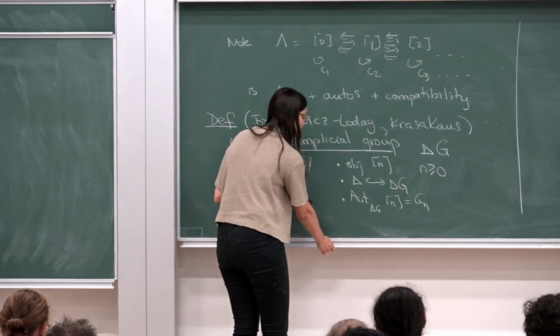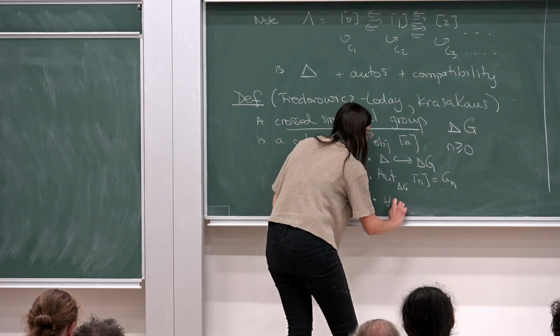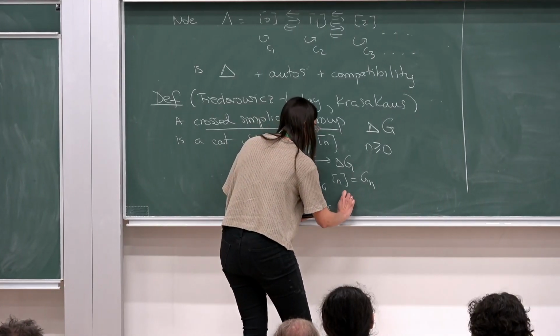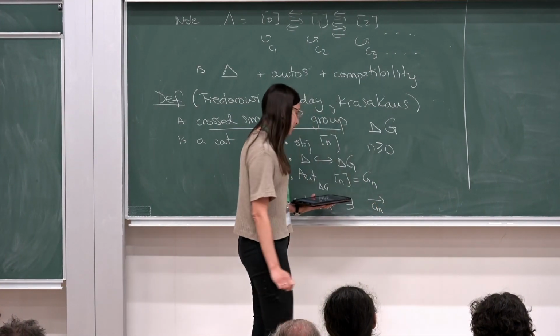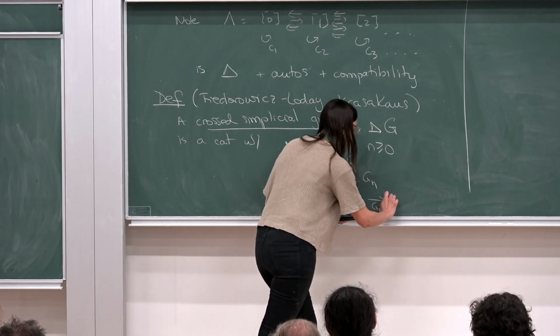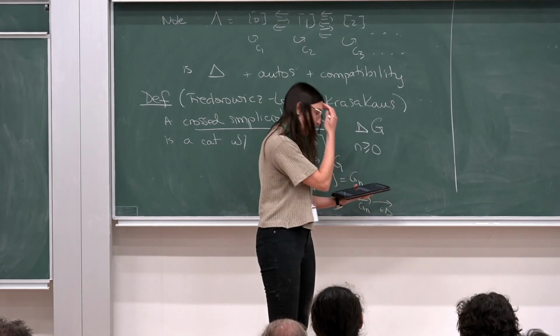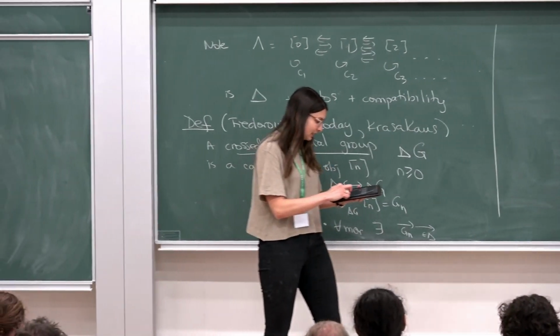And the other condition, the compatibility, is going to say that for every morphism in delta G, there exists a decomposition as a morphism in Gn followed by a morphism in delta. So in other words, let me draw this as a little diagram.